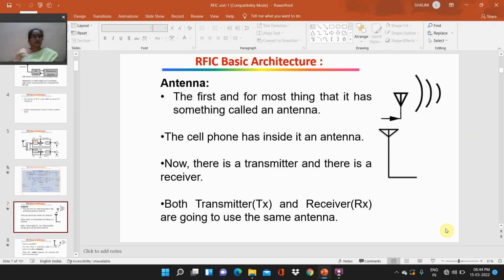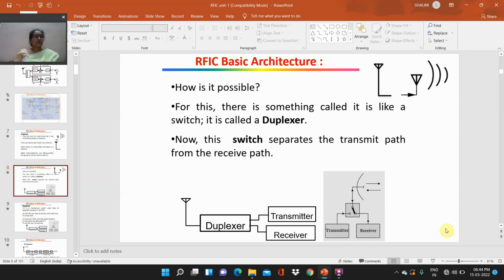The first and foremost thing is the antenna. The cell phone has an antenna inside it. Now there is a transmitter and there is a receiver. Both the transmitter and receiver are going to use the same antenna. How is it possible? For this there is something like a switch, called a duplexer. This switch separates the transmit path from the receiver path.